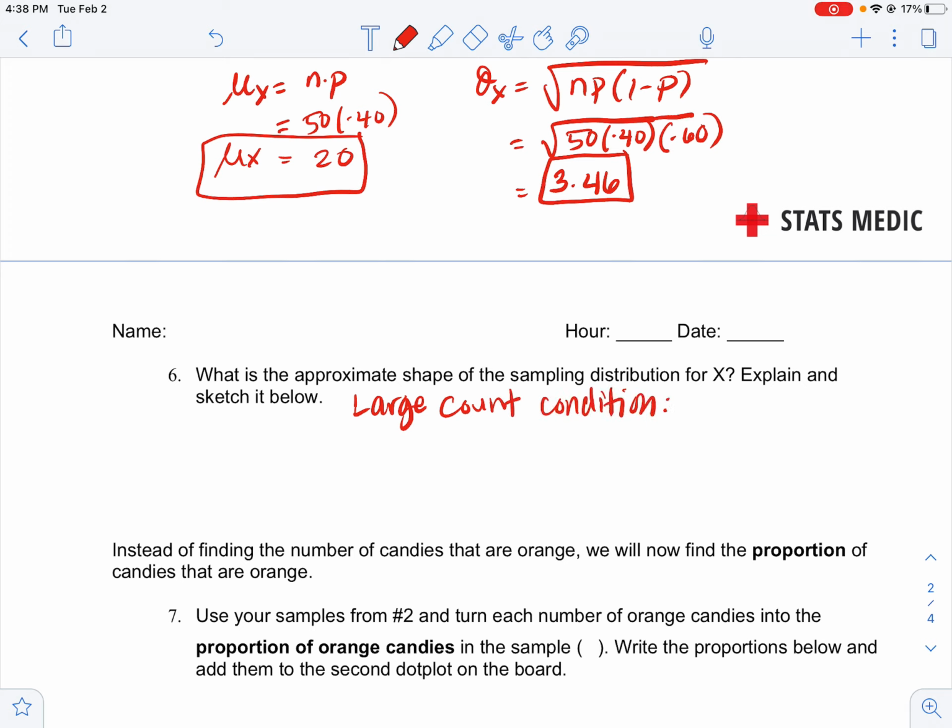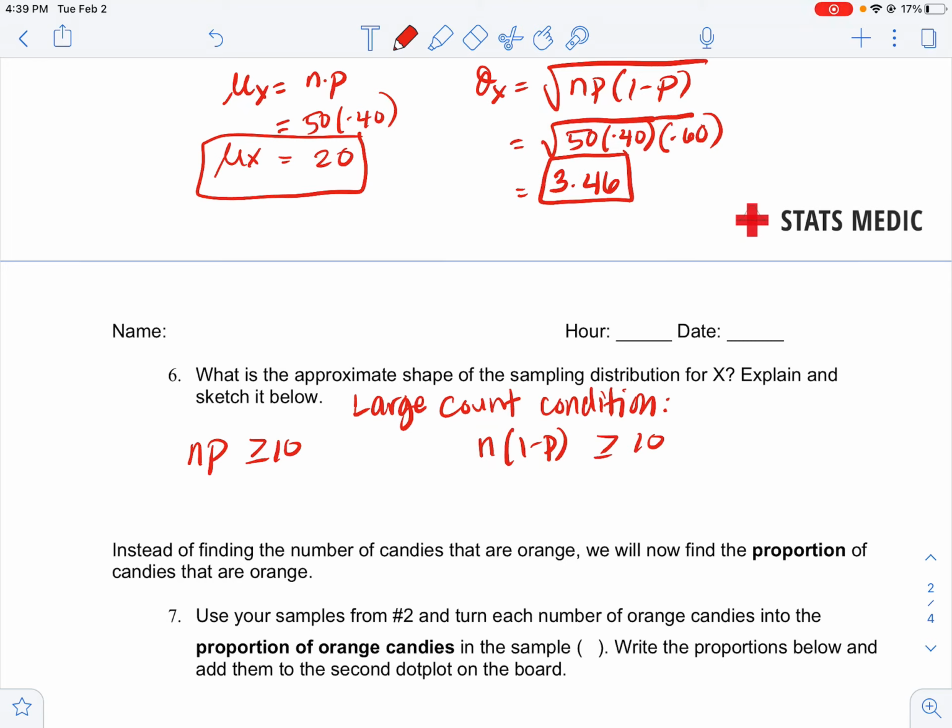What does the rule say? As long as NP is greater than or equal to 10 and N times 1 minus P is greater than or equal to 10, for both of these formulas, we know that it would be approximately normal.